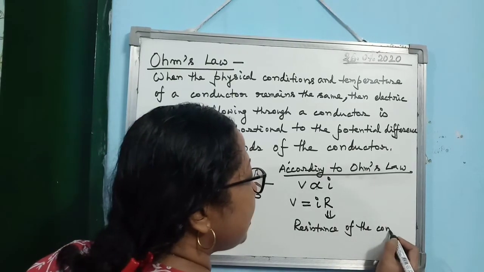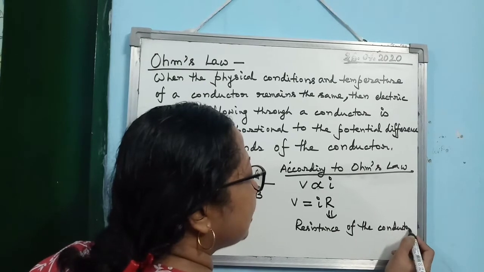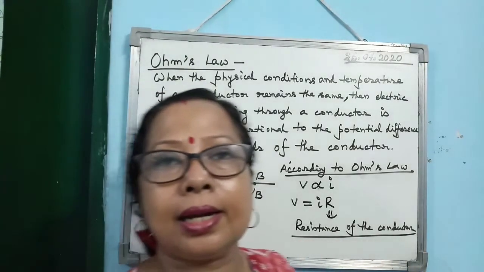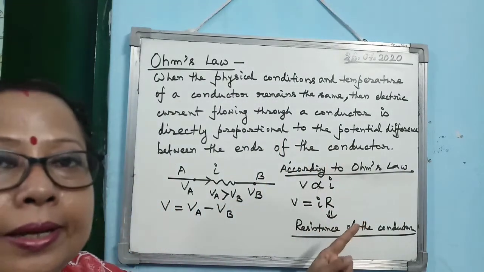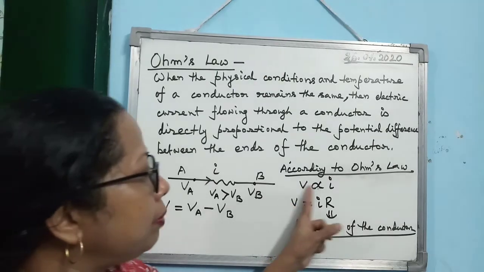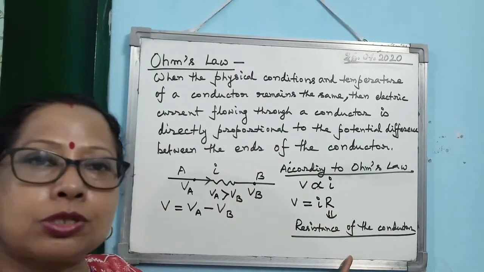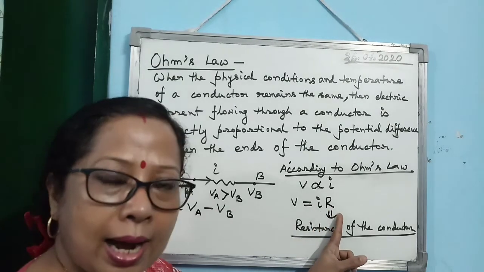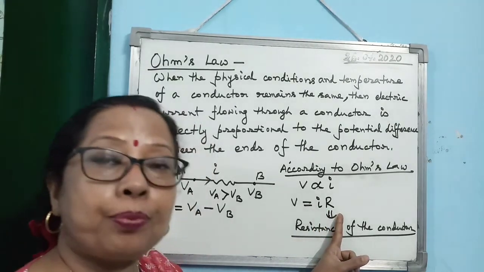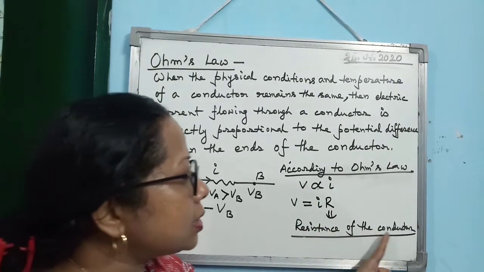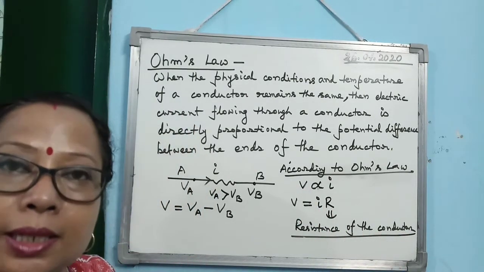So you see, resistance of the conductor physically, without any law, without any mathematical relation, we have introduced already. Now here we are introducing the concept mathematically by using Ohm's law. So V is equal to I into R. R is the constant of proportionality here, which is known as resistance of the conductor.